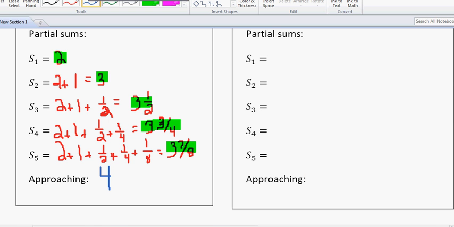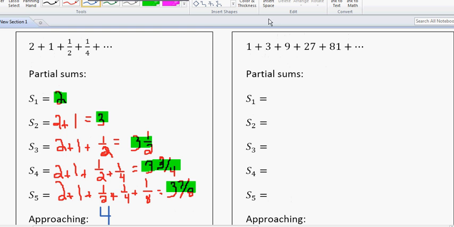Okay, now let's look at the next one. It's quite a different sequence or series. So S sub 1 is 1. S sub 2 is 1 plus 3, which is 4. S sub 3 is 1 plus 3 plus 9, which is 13.